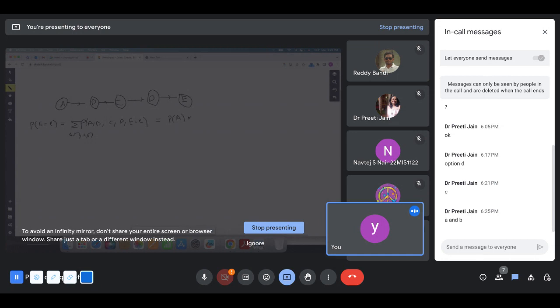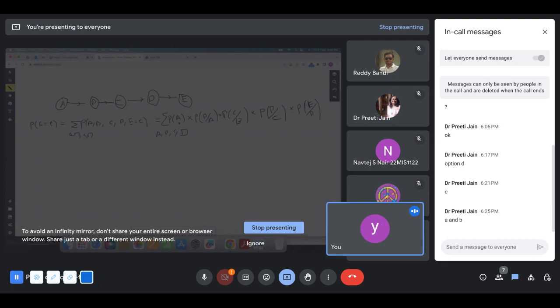So in this case, P of B given A, P of C given B, P of D given C, and P of E given D. And we want to sum over all A, B, C, and D.